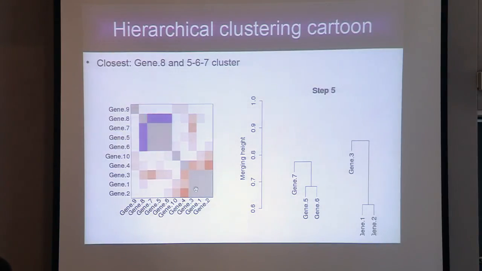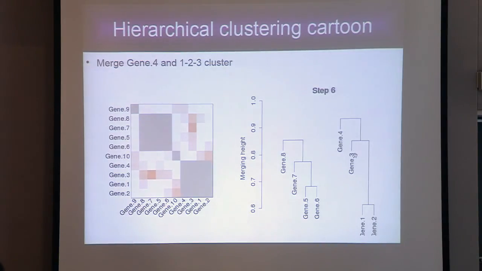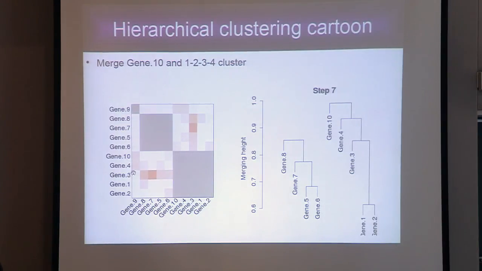Okay, so we go on. The next closest distance is gene 8 with the composite object of gene 5, 6, and 7. So we merge them. The next closest distance is gene 4 with this branch, gene 1, 2, and 3. So we merge them. The next one is gene 10 with genes 1, 2, 3, 4. So we merge them.